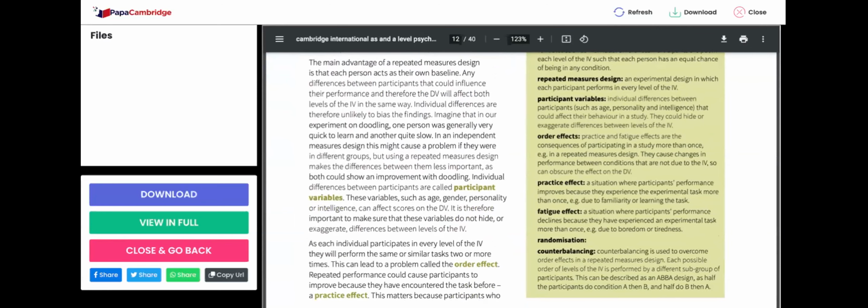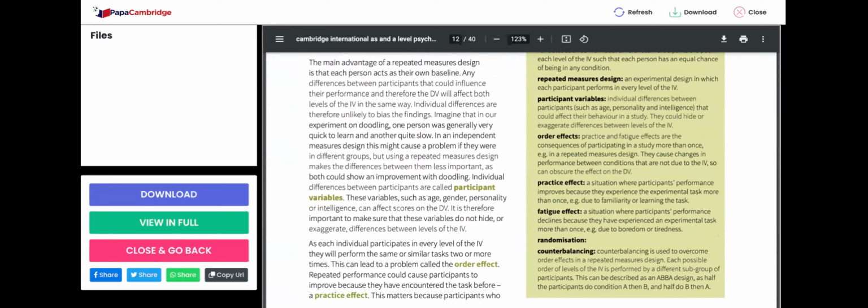We already understand that repeated measures design is when you use the same people, and that one advantage is that there will be less participant differences, participant variables, the differences between individuals, because you're using the same individuals.